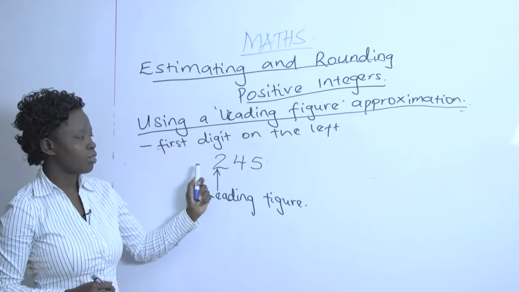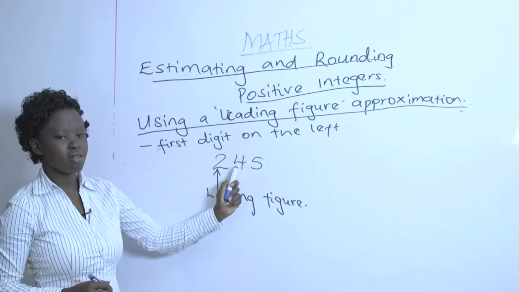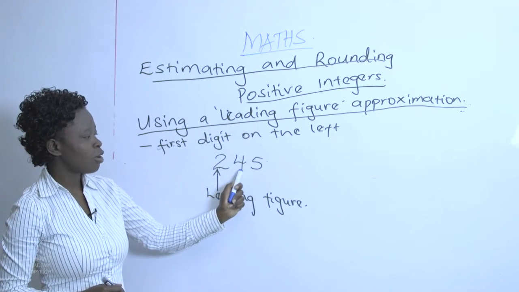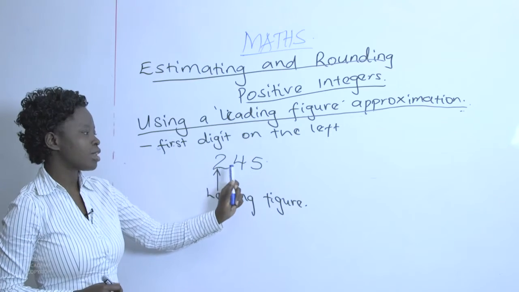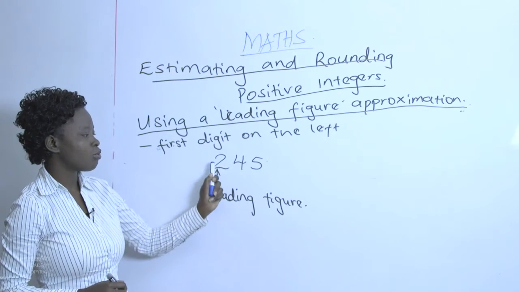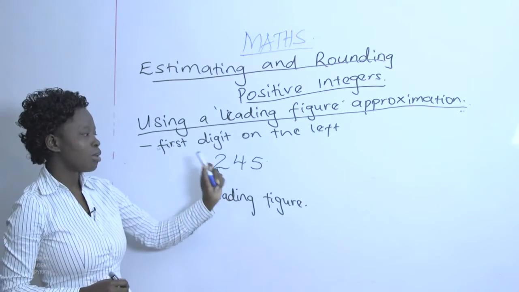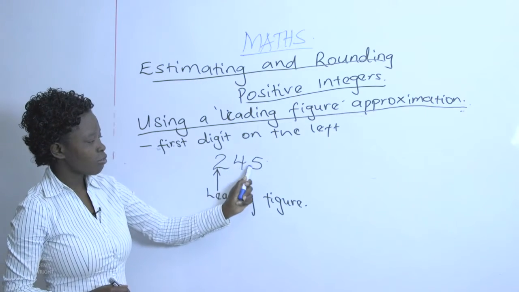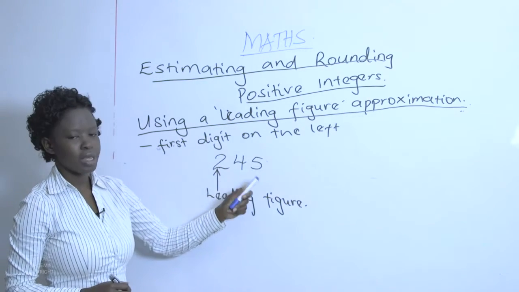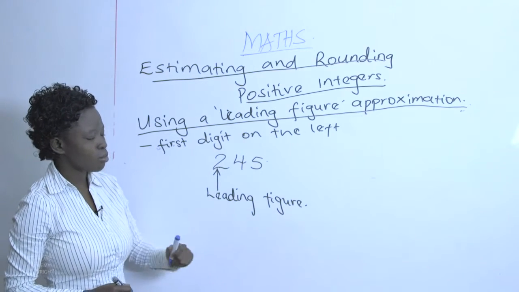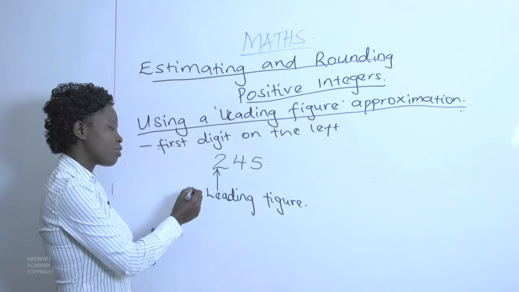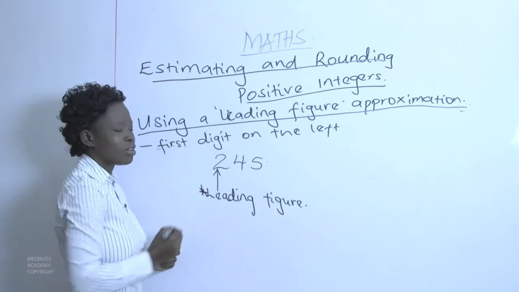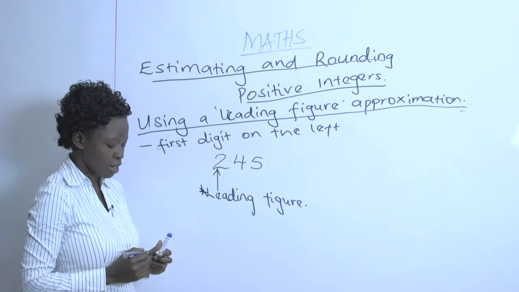After you've identified the leading figure, check the next figure. Is it more than 5 or is it less than 5? If it is less than 5, then your figure will be rounded down. But if it is more than 5, then your figure is rounded up. So it is still the same rule that is being applied, but in this case, you have to identify what your leading figure is in that given equation.